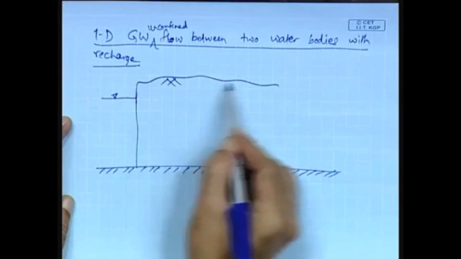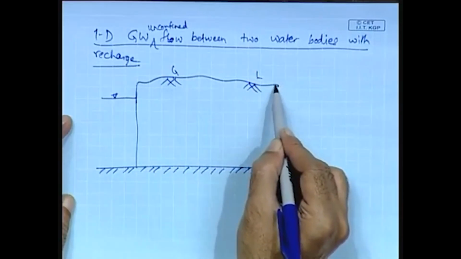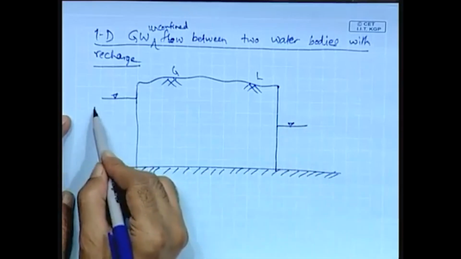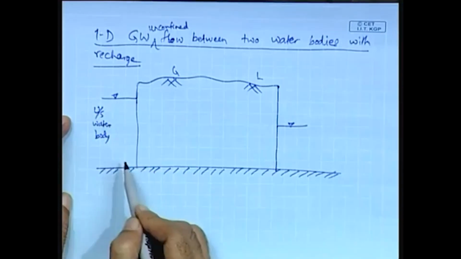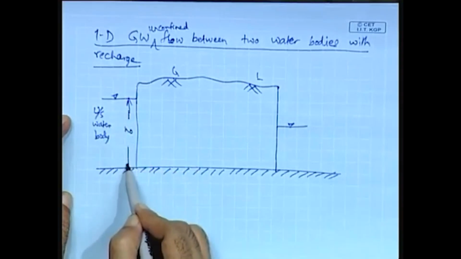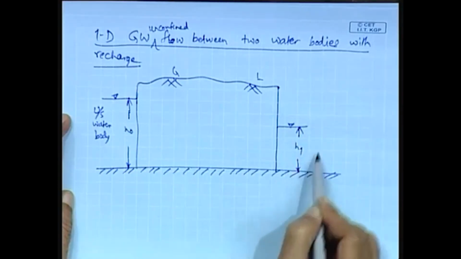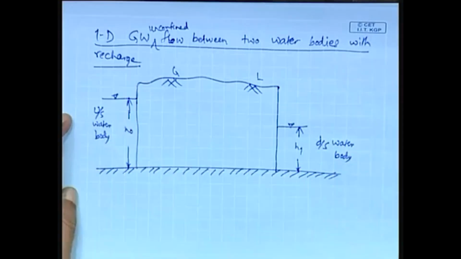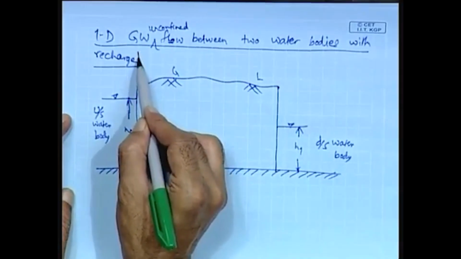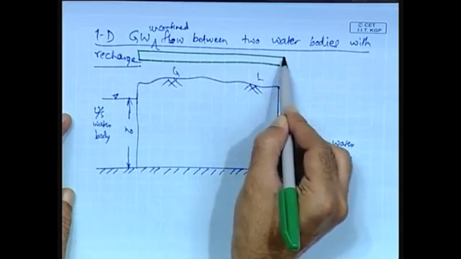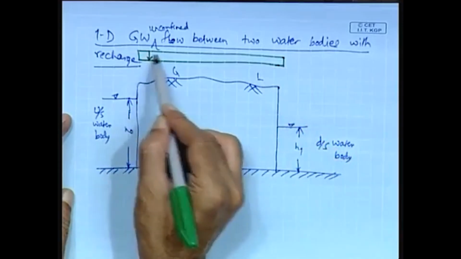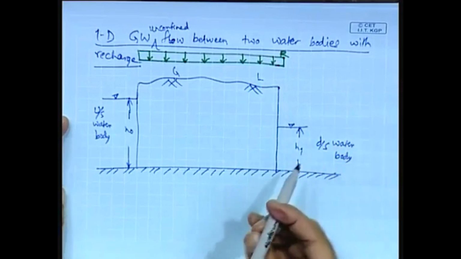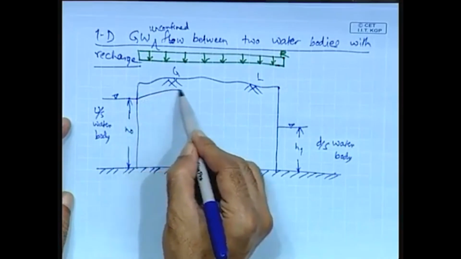And let this be the ground surface, so this is the upstream water body, where the head is h 0, and downstream water body where the head is h 1, and there is the constant recharge of rate r, and in this case the water table will assume a shape like this.